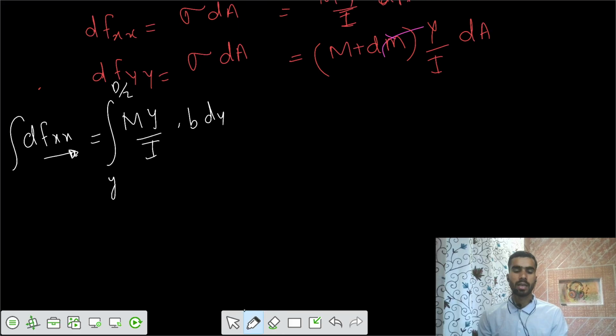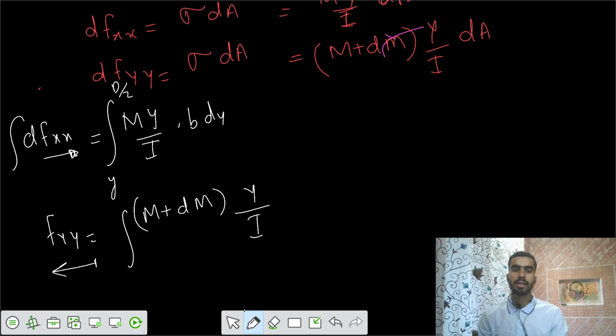Similarly, the total force in the YY, in the opposite direction, would be the integral of M plus dM times y by I, where I is about the neutral axis, times the small differential area b dy, with the same limits, y to d by 2.